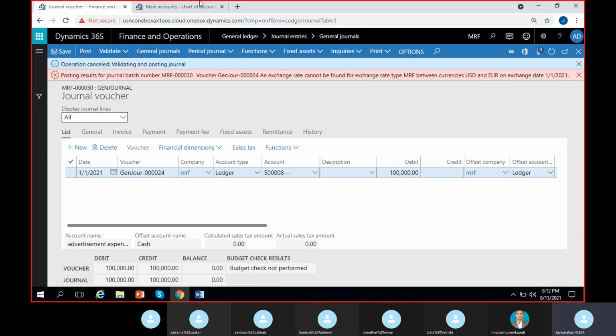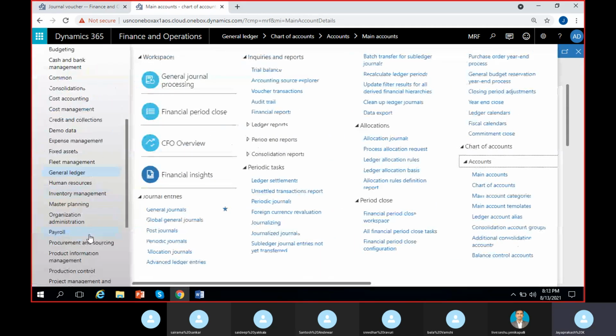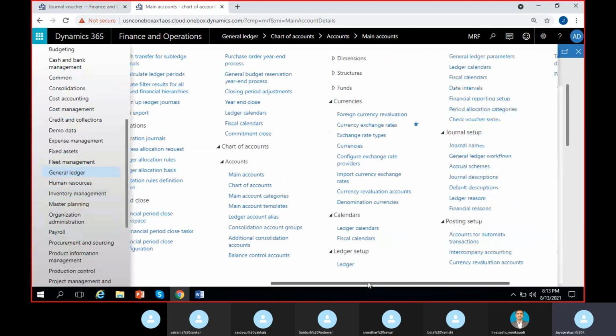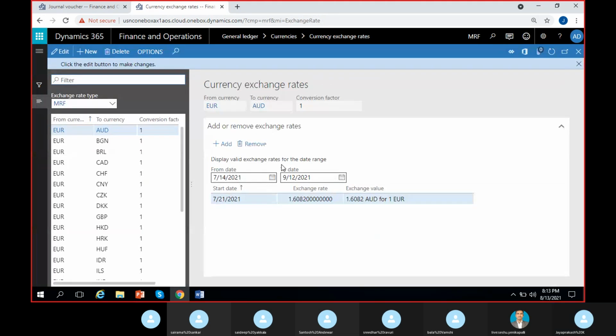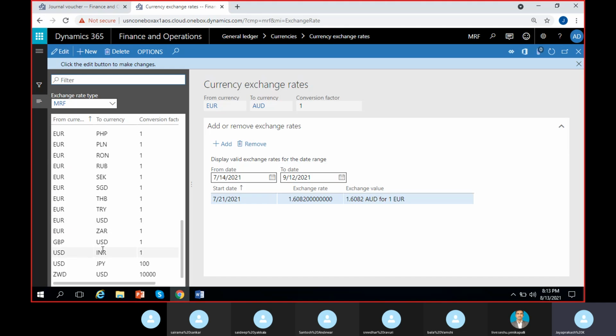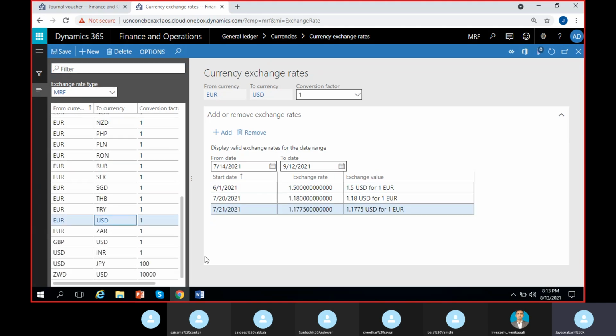So what we have to do, we have to go and configure the same, the exchange rates. So I'm going to currency exchange rates here. So here going to euro to US dollar, euro to US dollar is here. Edit this. So the very latest we have is 1st of June.